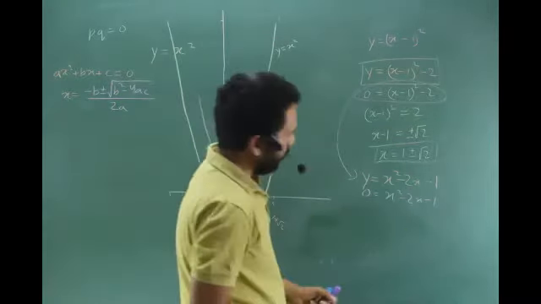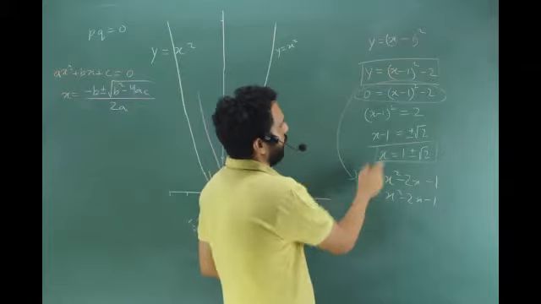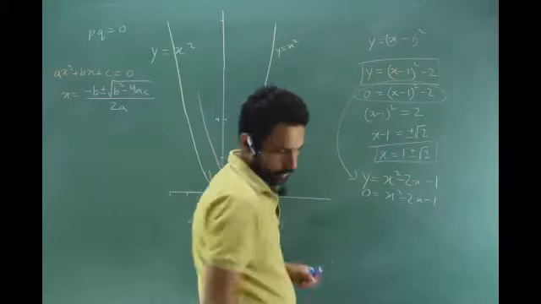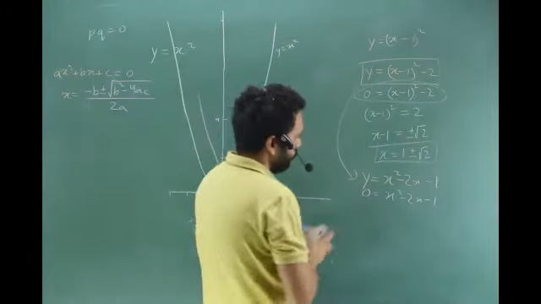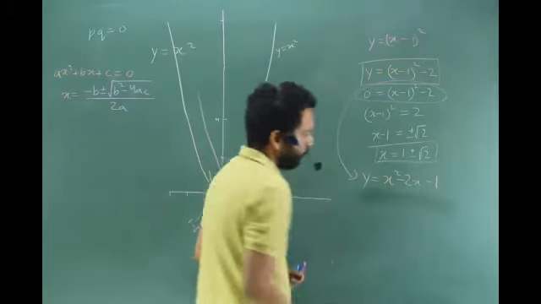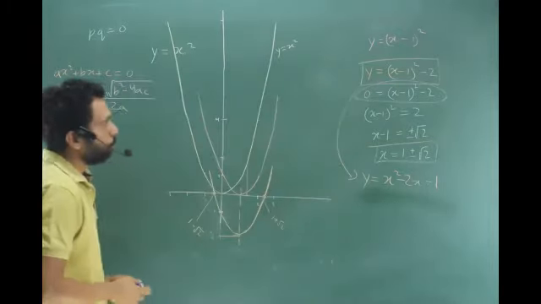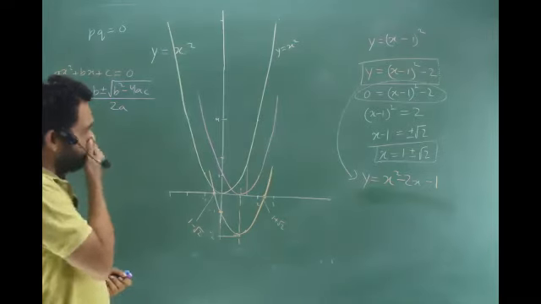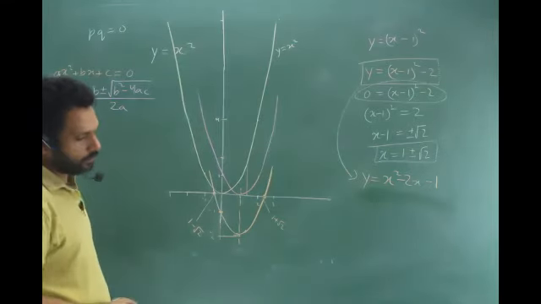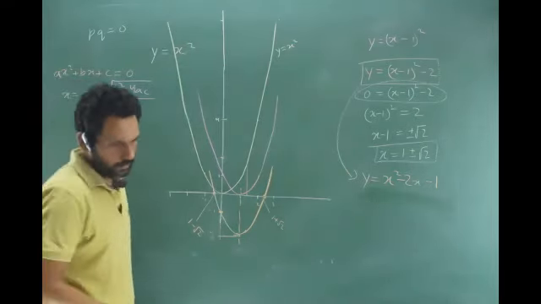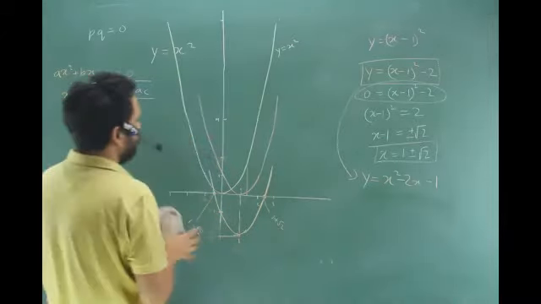So if this was given and that was not given, how to work back is the question. How to work back? Shall I rub the graph off now? Okay.